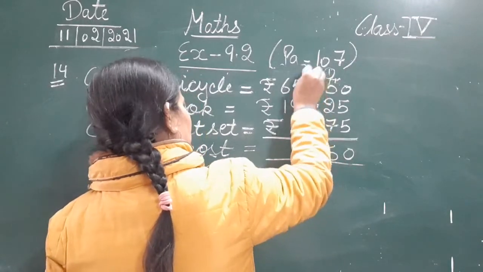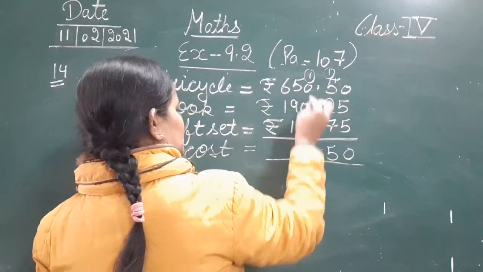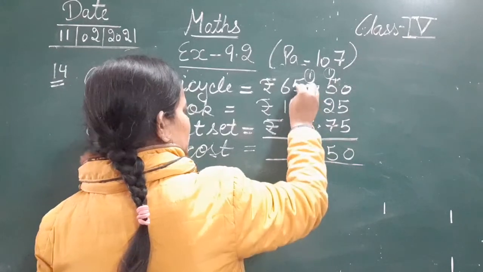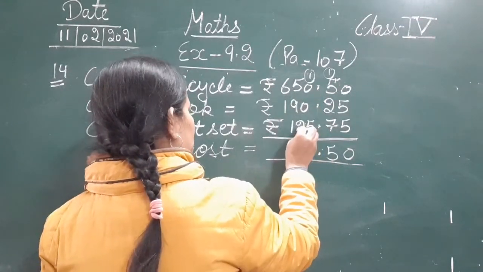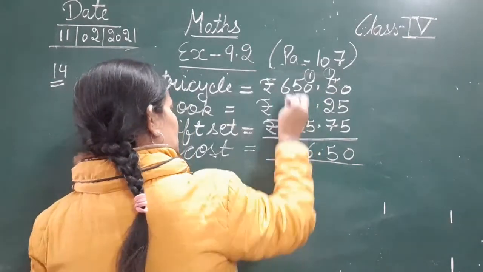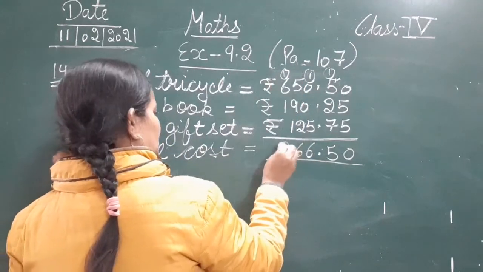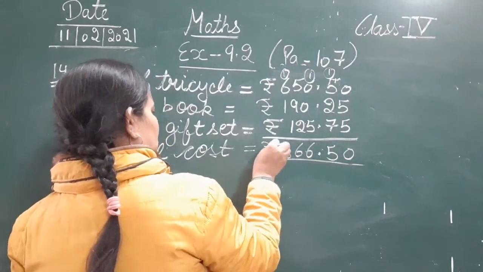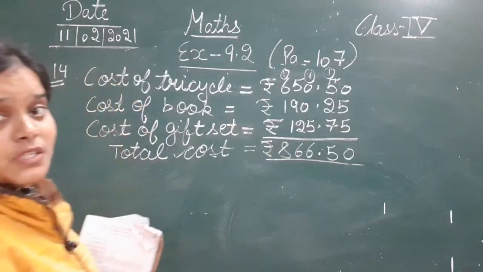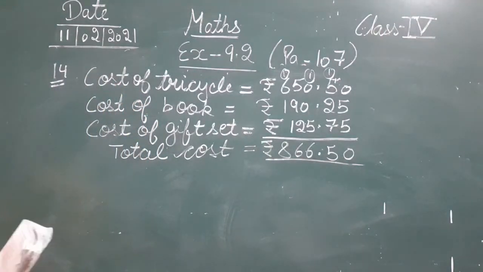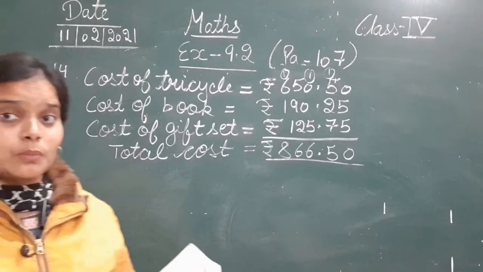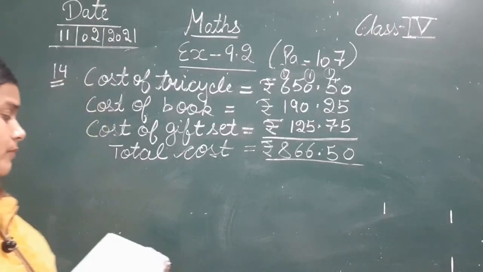Right, 1 will be carried here. 5 plus 1 is 6. 5 plus 9 is 14, 14 plus 2 is 16. 6, another one will be carried, 6 plus 1 is 7, plus 1 is 8. That is 866 rupees and 50 paise. So this is the cost of all the items.